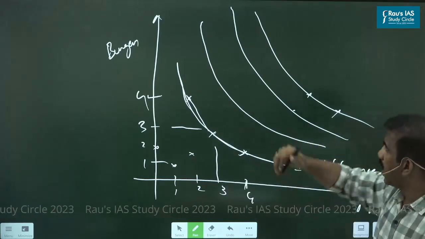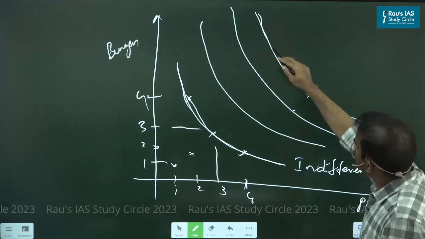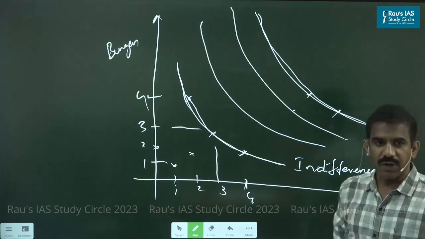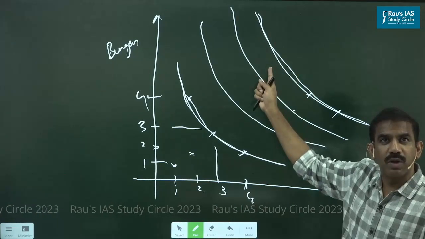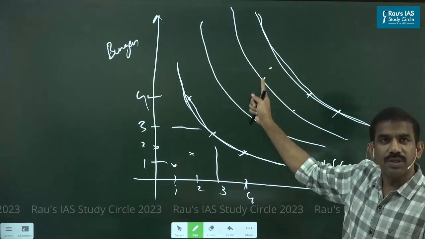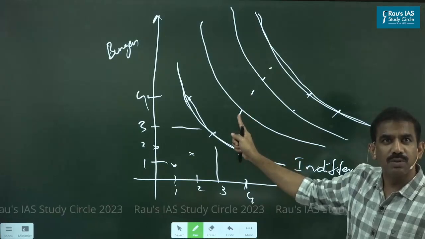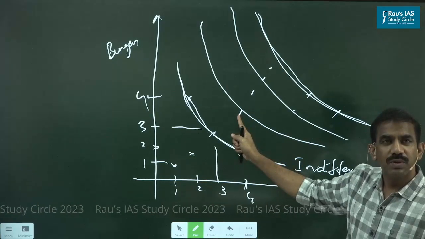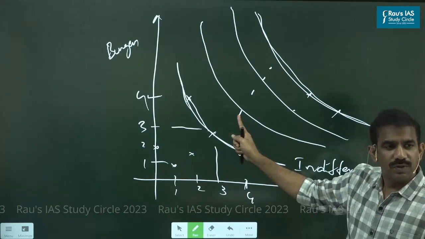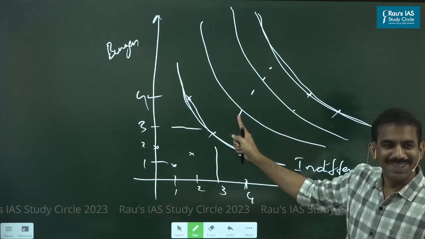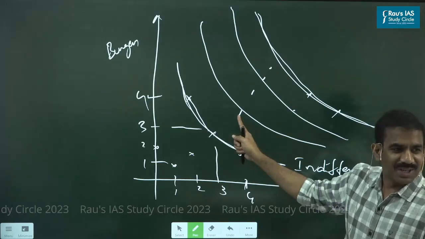And what I'm saying is, along this curve, any combination would give him the same satisfaction. And the satisfaction on this curve gives me more than the combinations on this curve, and then more than this, and then more than this. You accept it now? Yes or no? Minu? Okay, the one online. Later. So is that clear now?